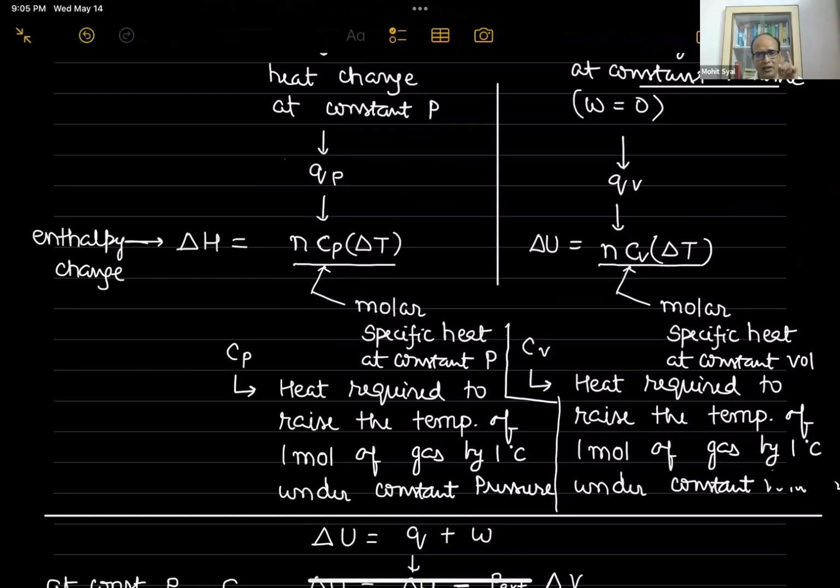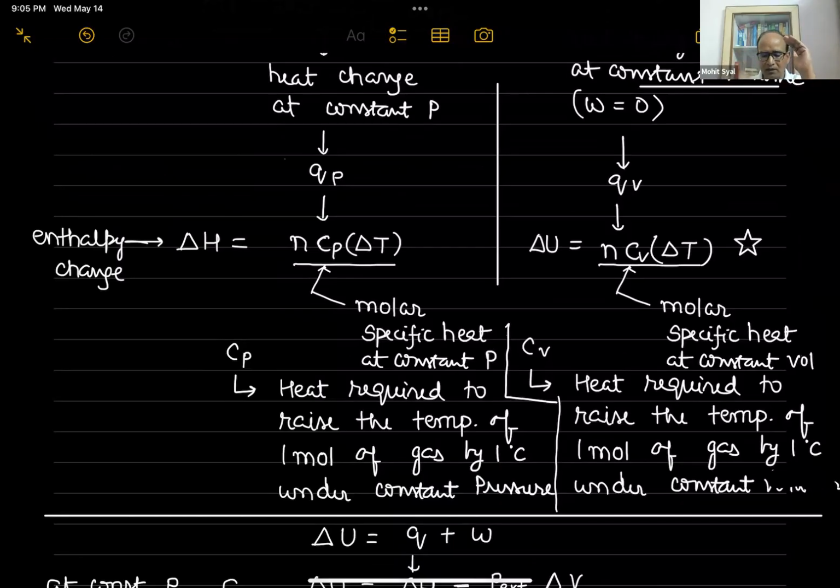And if we are doing it at constant pressure, as I told you just now, constant pressure doesn't mean the expansion cannot take place. So whatever heat I'm giving, part of it is retained inside the gas, and part of it is used to do the expansion work.